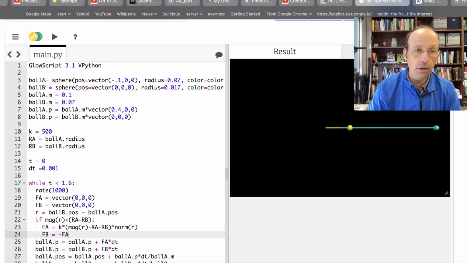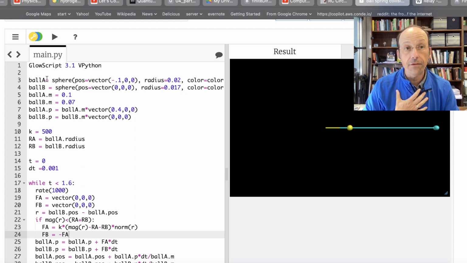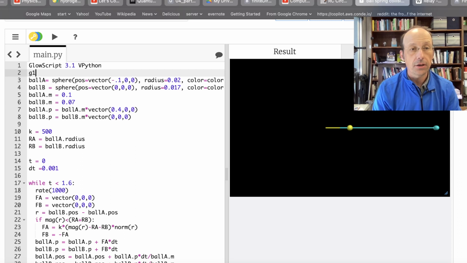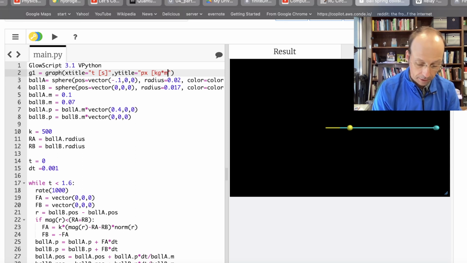How do we know that worked? Well, I already said, if momentum is conserved, it should work. So let's plot the momentum. G1 equals graph, xtitle equals time, ytitle equals px in kilogram meters per second.